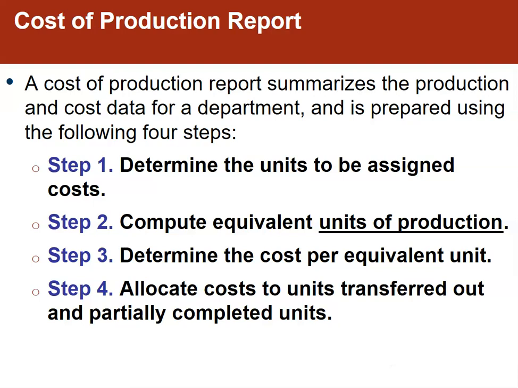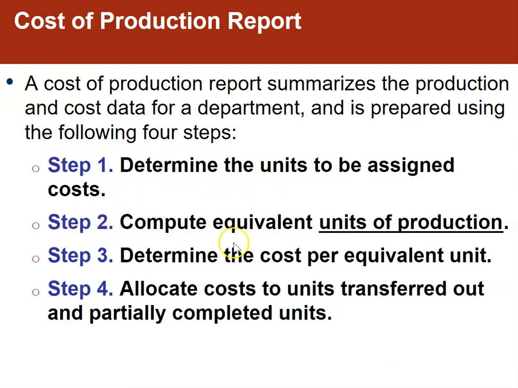We routinely are going to have projects that stretch across days or weeks or months. So we're going to have beginning work in process, and we're going to have ending work in process. We're going to have units that were started in the period, and units that were started and completed, and those are rarely going to be the same number. So number one is a big thing.